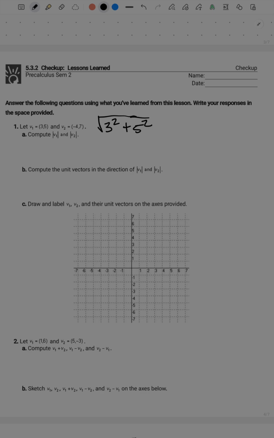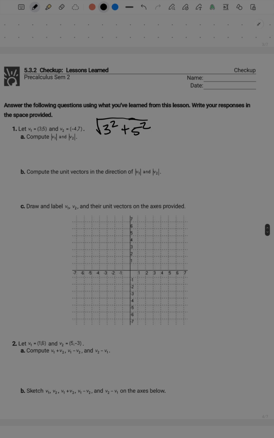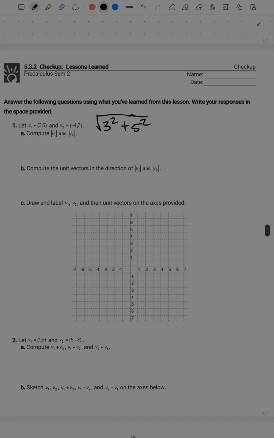And unit vectors just mean that they have a length of 1, but the same direction as the original. I don't know why they're calling it absolute value there, or magnitude there, but that's up to them. So unit vector just means length or magnitude is equal to 1.